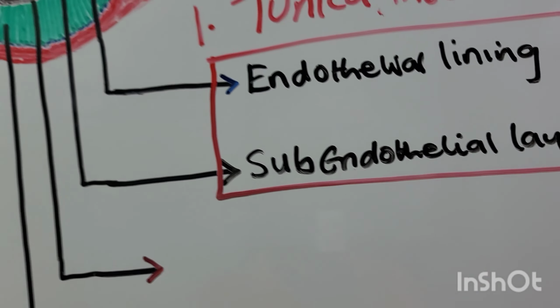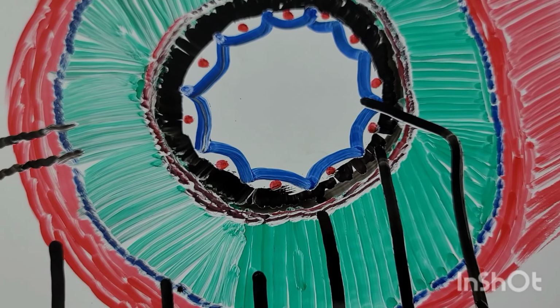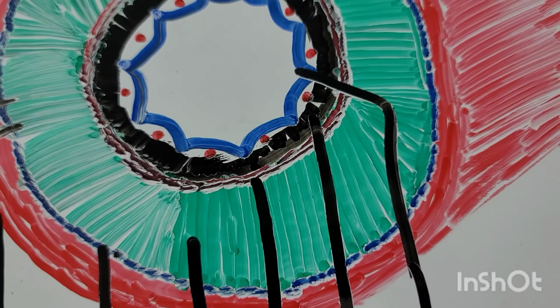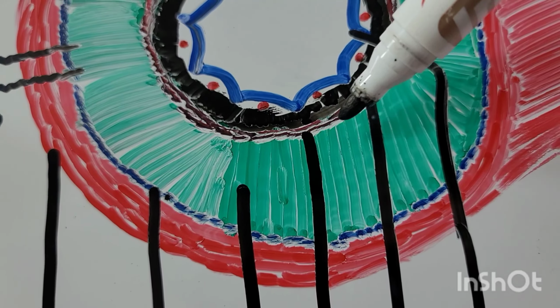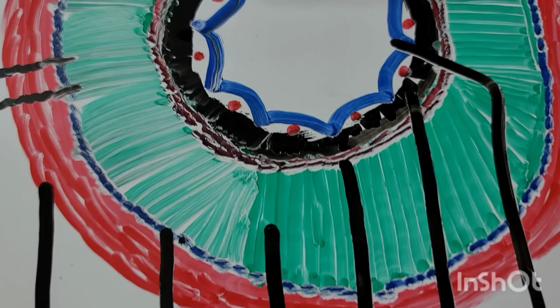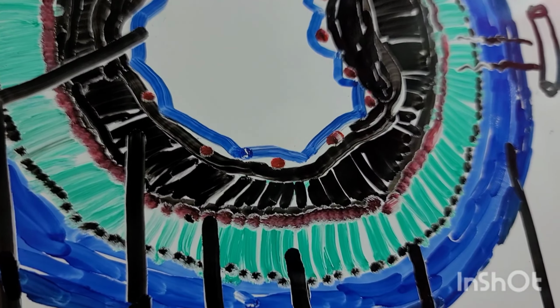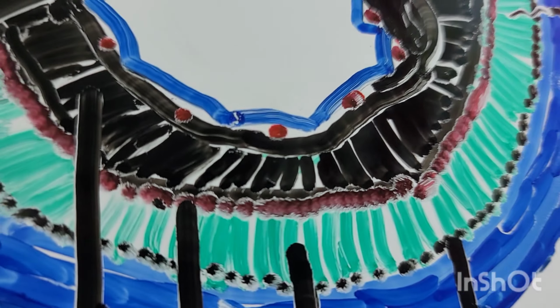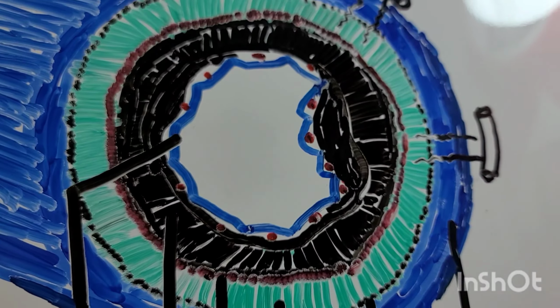Then again, moving slightly outside the subendothelial layer, we have a layer which is very important. This one is a bit reddish. It is the same for the vein. You see this reddish layer wrapping around the subendothelial layer.